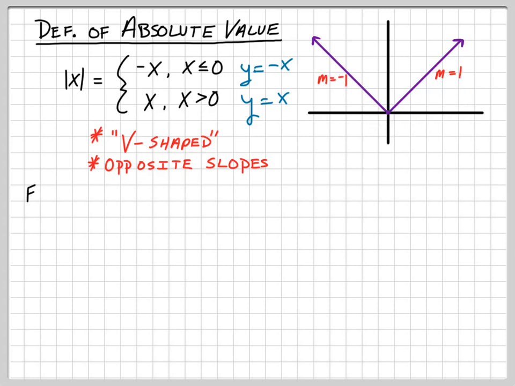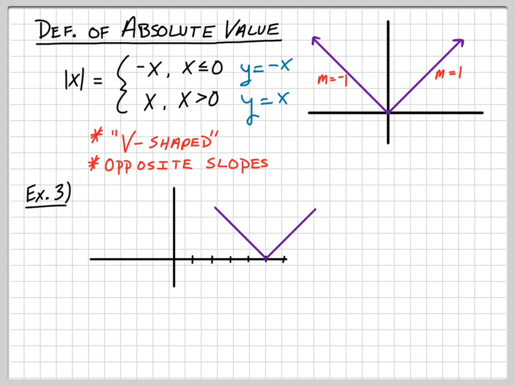All right, so let's look at example 3 here. It's an absolute value graph, and I got it down to 5 here on the x-axis. 1, 2, 3, 4. This will be 5. So it's just an absolute value graph shifted right 5.